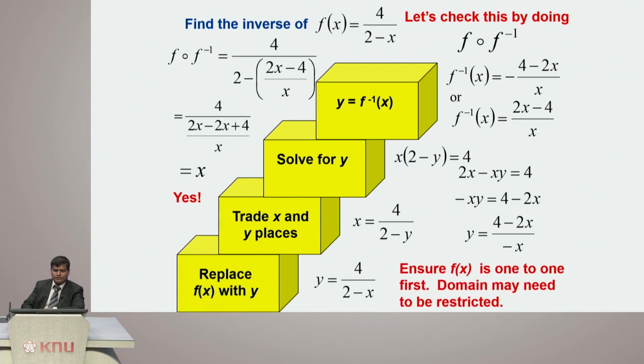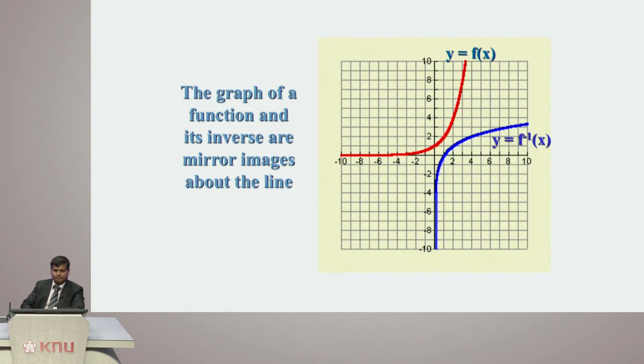So we ensure that f of x is a one-to-one function first. So the domain has to be restricted. Always only a one-to-one function can have an inverse function. Here let's see about the graph: the graph of a function and its inverse are mirrors of one another.